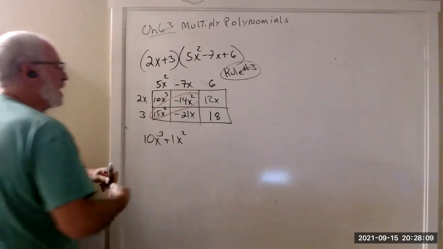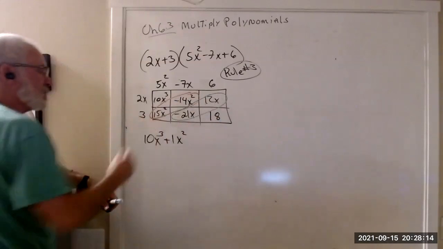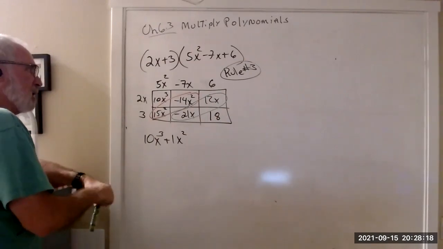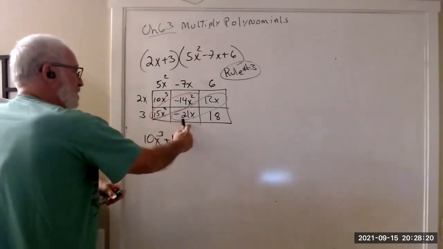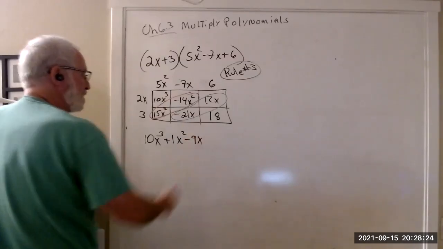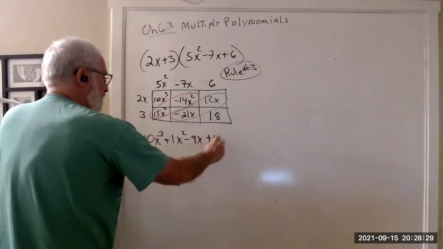Okay, the next ones are right here. And what's really cool is they'll always be on that diagonal with each other, so you can look for them that way. Negative 21x plus 12x is negative 9x. And then the 18 just hangs around here as a plus 18.